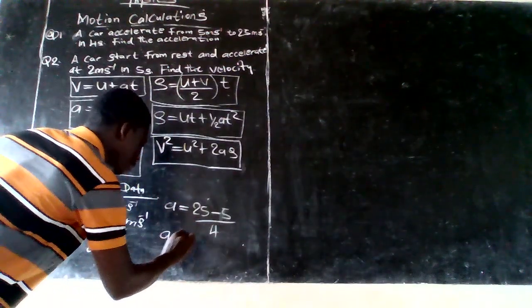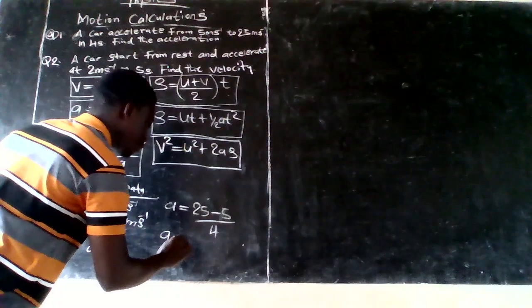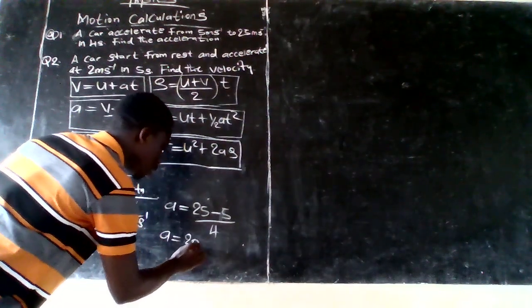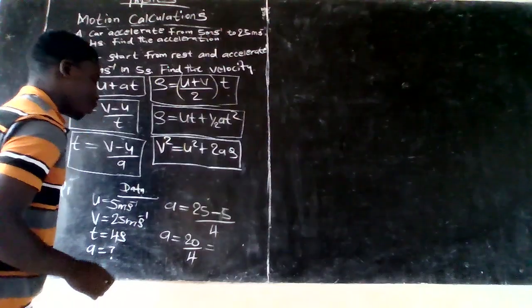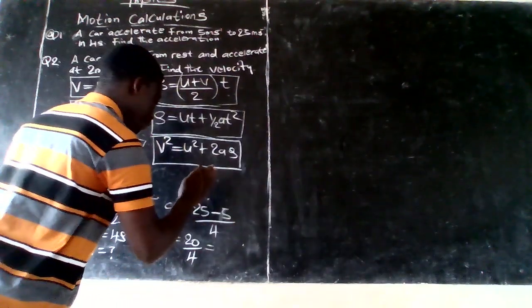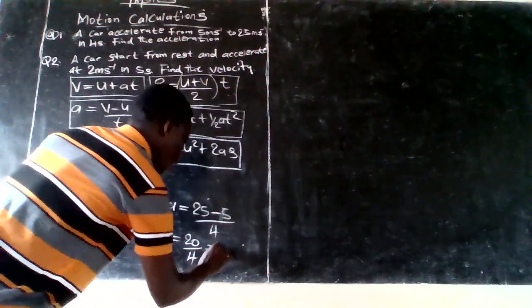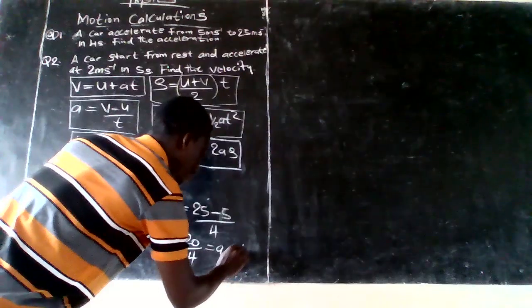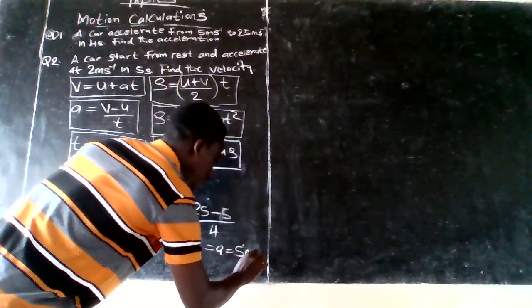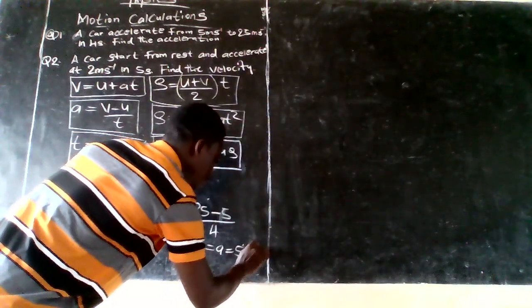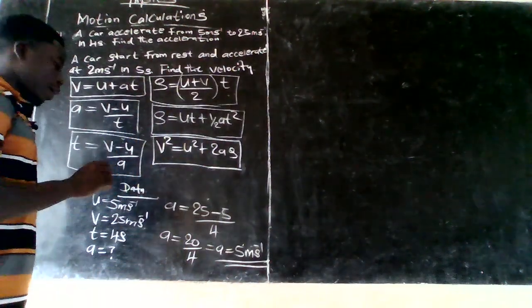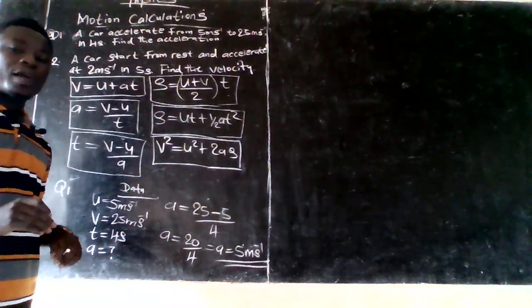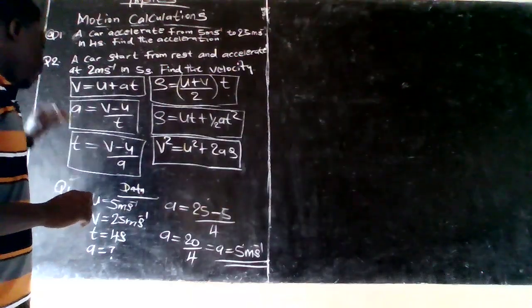So A equals 25 minus 5, which is 20, upon 4. 20 upon 4 is 5. So our acceleration equals 5 meters per second squared. This is the acceleration we were asked to find.